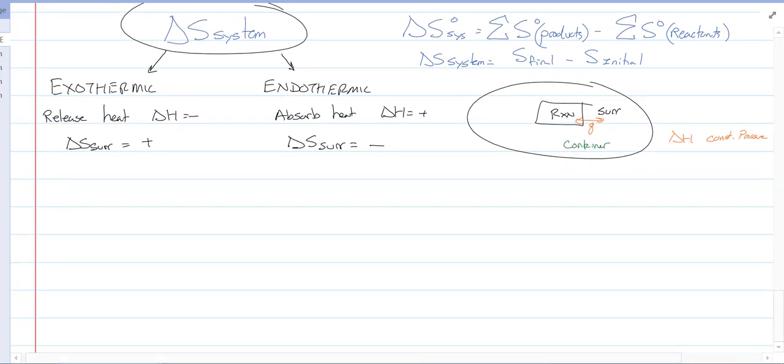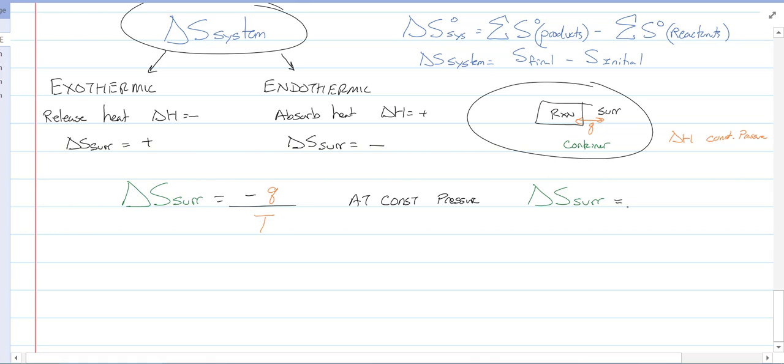So delta S of the surroundings is going to be equal to negative Q over the temperature in Kelvin. For our reactions at constant pressure, delta S of the surroundings would equal negative delta H of the reaction over T. Okay, so let's talk about this.